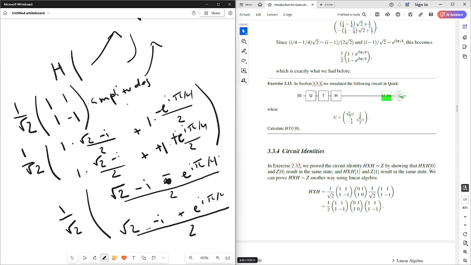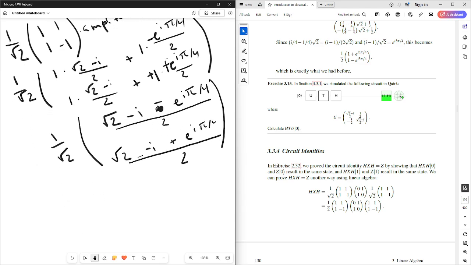We could probably even take this a step further to get rid of the fractions. We could pull out a 1/2 from each of these, and so we could say 1 over 2 square root of 2, just with our numerators as the amplitudes. But that is that gate sequence applied to the state 0. Just going to double check that I didn't mess anything up here. 3.15. Perfect. Yep, the answer key is precise.